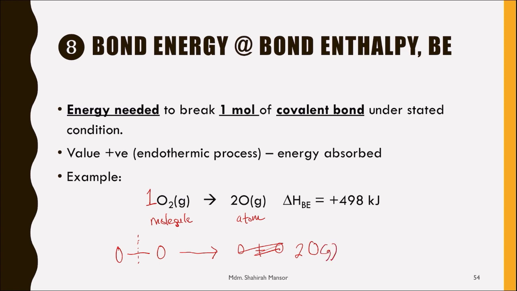According to this reaction, 498 kilojoule is the amount of energy that must be absorbed by 1 mole of reactant molecule to form 2 moles of gaseous oxygen atom. So the 1 mole must be referred to the reactant part.